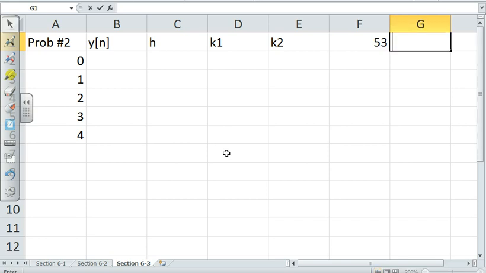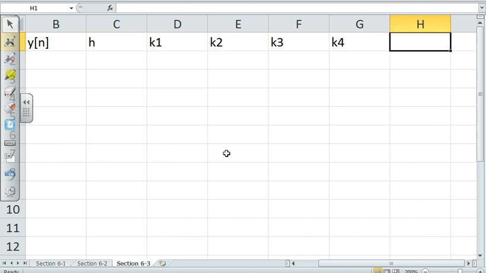And that doesn't look like a k to me. Does it look like a k to anybody else? K3. And then we'll need a k4. And we'll probably need a k5, right? Nope, no k5. And then we need a y of n plus 1.